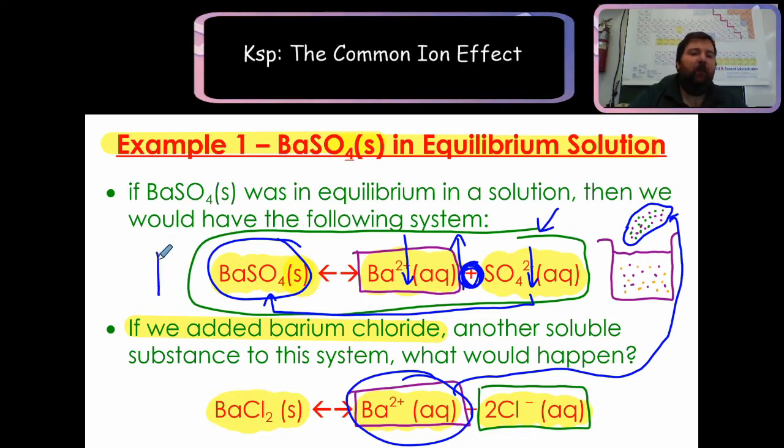If we have more barium sulfate solid that gets formed, because this is going to precipitate out, then our solubility will decrease. Because the more barium sulfate there is, the less barium sulfate you're going to be able to add and dissolve into solution.